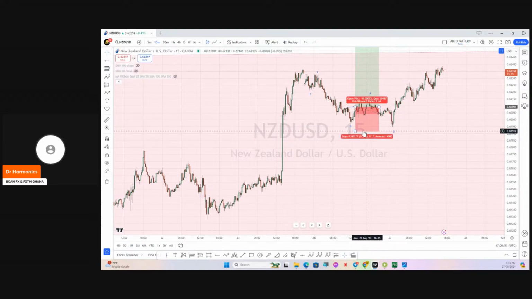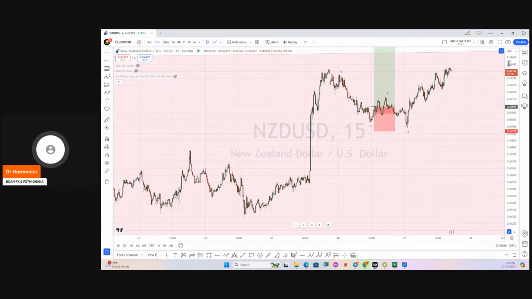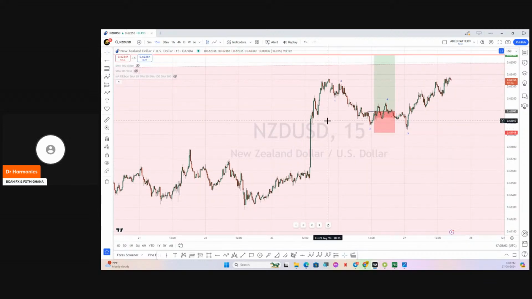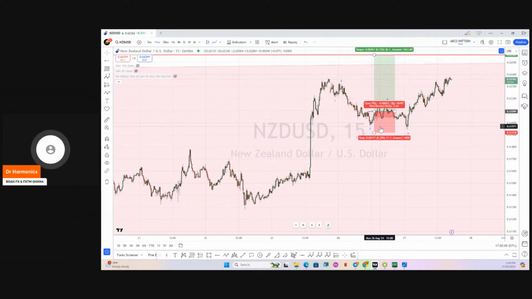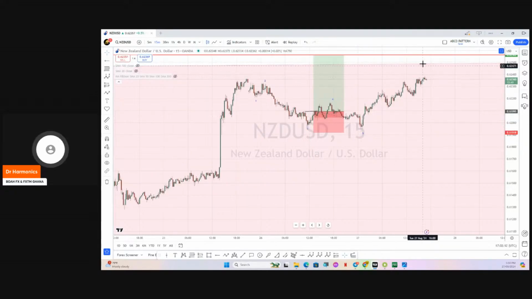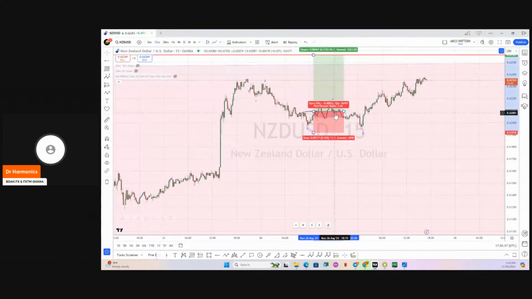I gave some gap for it to leave a breathing space so that it will continue to hit the 78.6, which is the cipher. After this correction, we went up, and I'm expecting it to hit the 78.6, which should give us a 1:2.64 risk to reward ratio.